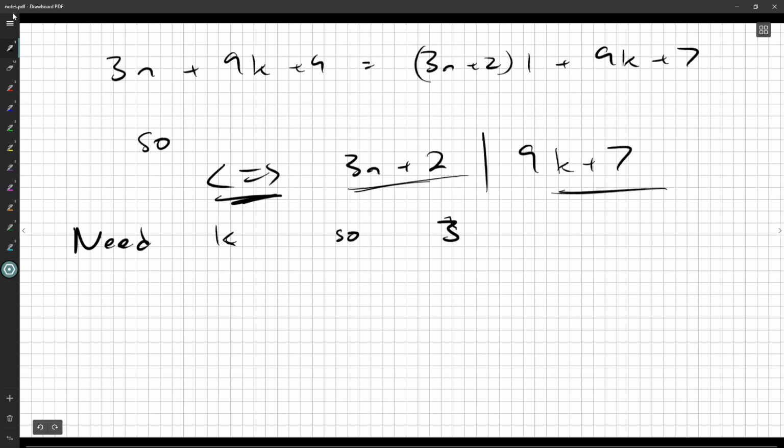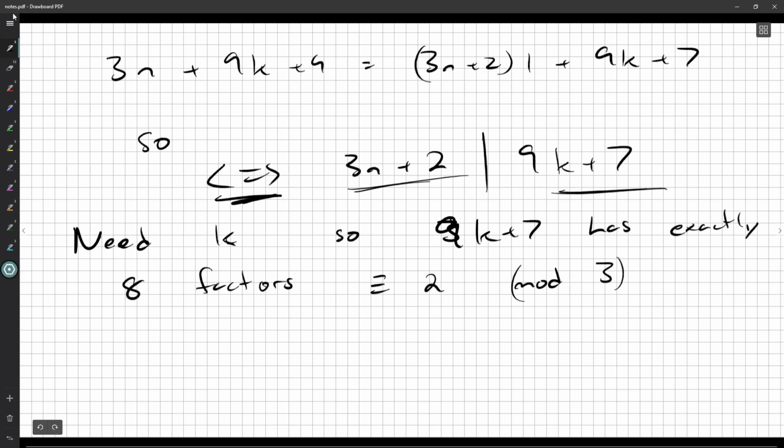So we need a k so that 9k plus 7 has exactly 8 factors congruent to 2 mod 3, or that leave a remainder of 2 when you divide by 3. So now that becomes our challenge.